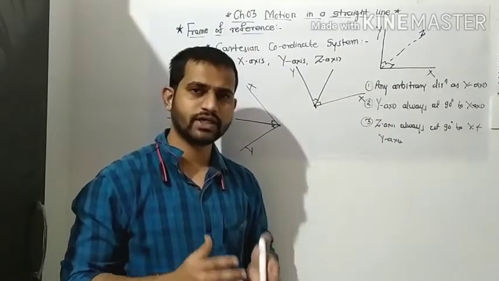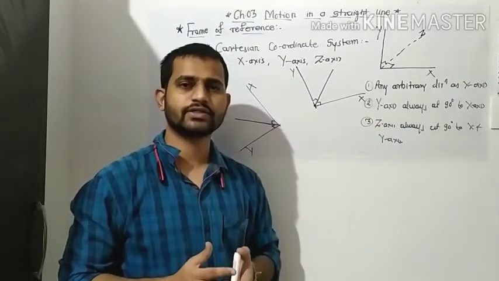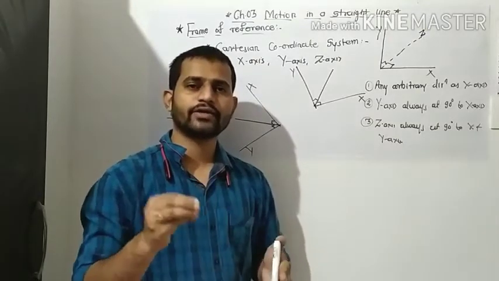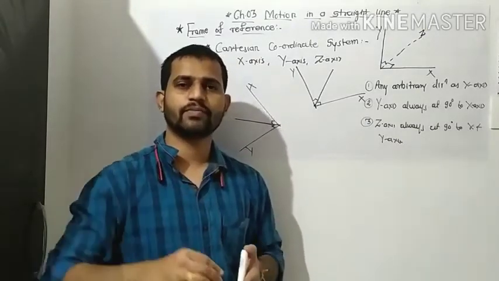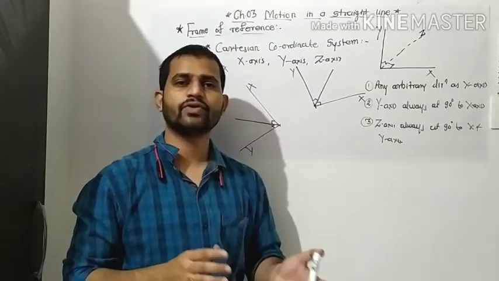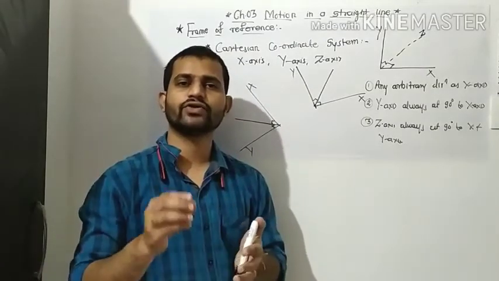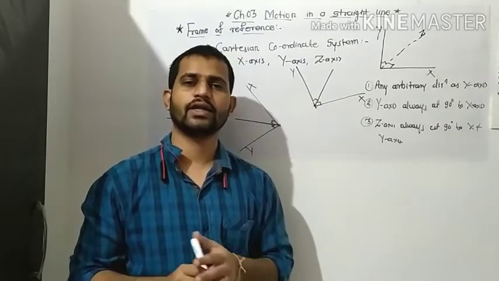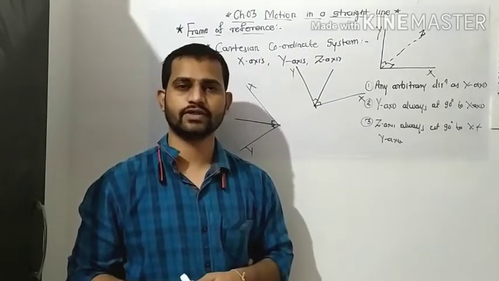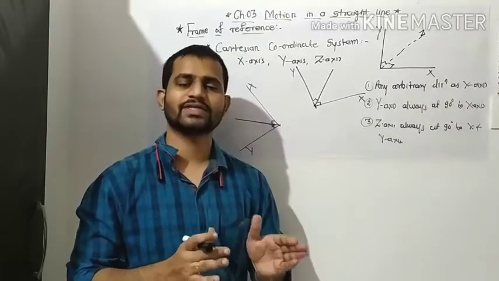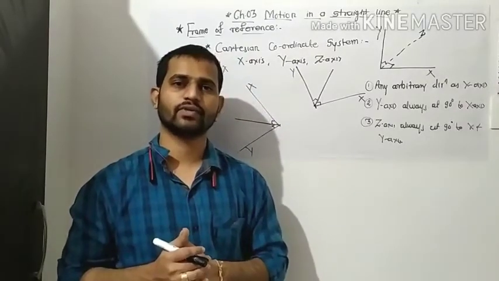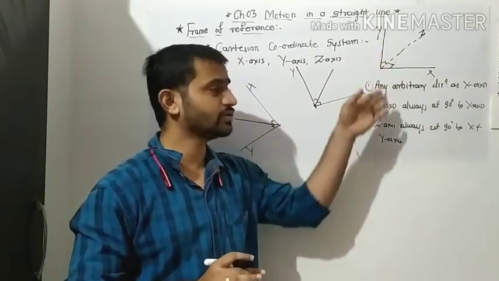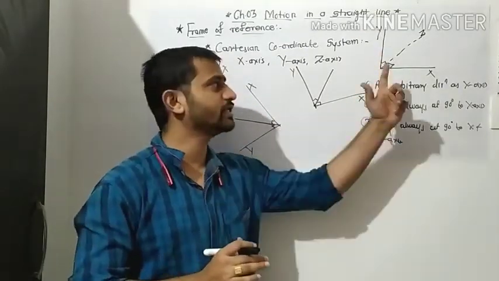If we use one Cartesian coordinate system and accordingly point out the positions of particular points, then if you go to America and use the same Cartesian coordinate system, there must not be any difference, because the same system is accepted in America also, and they use the same direction as the x direction, the y direction, and the z direction.